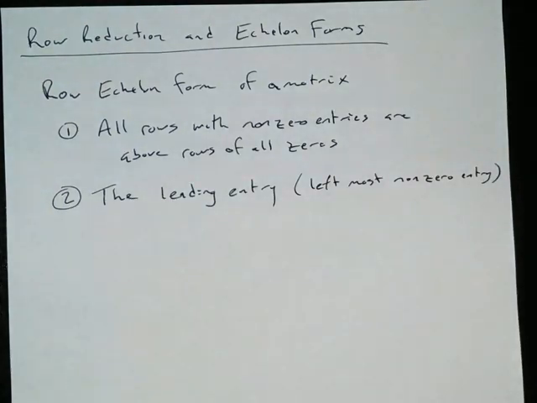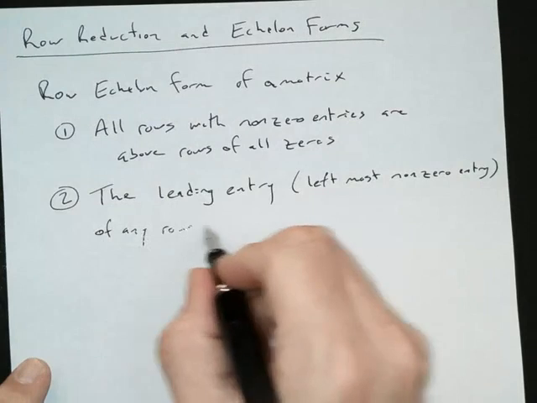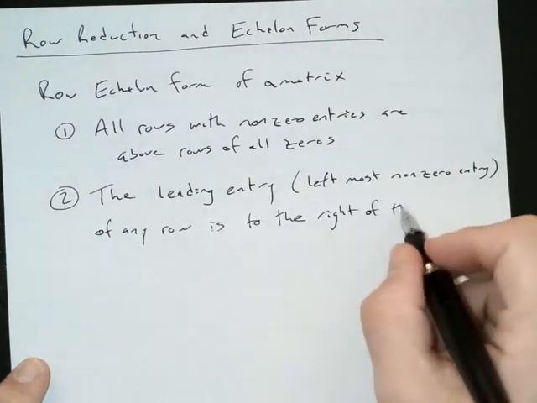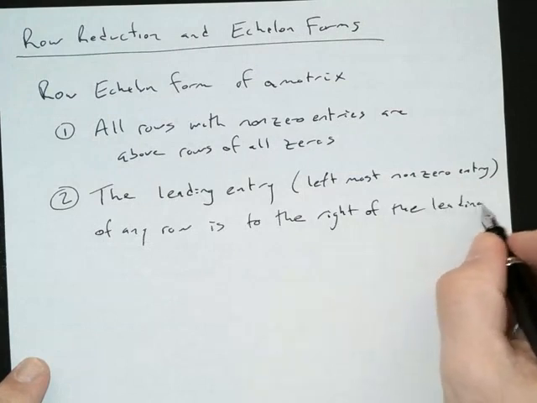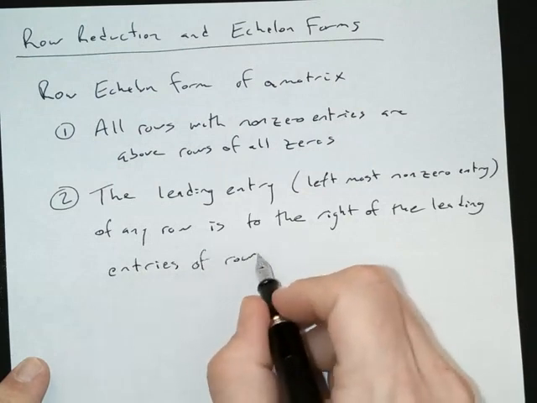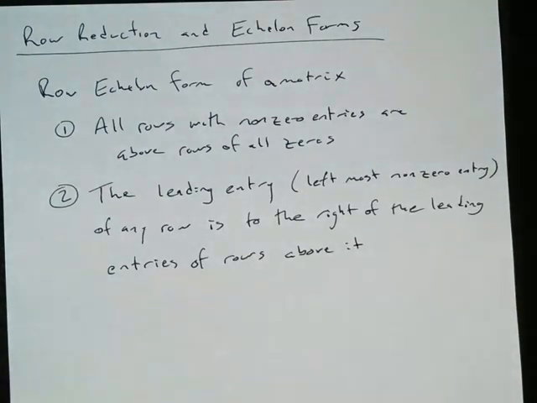The leading entry in any row, that's the leftmost non-zero thing, is further to the right than the leading entry in the rows above.